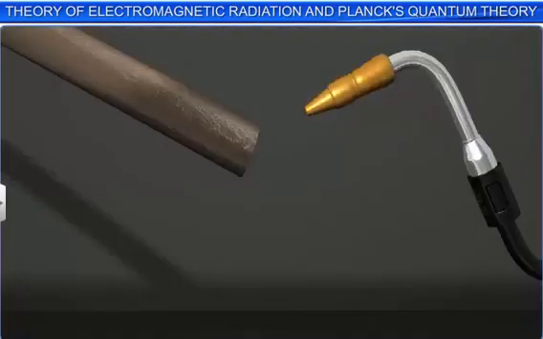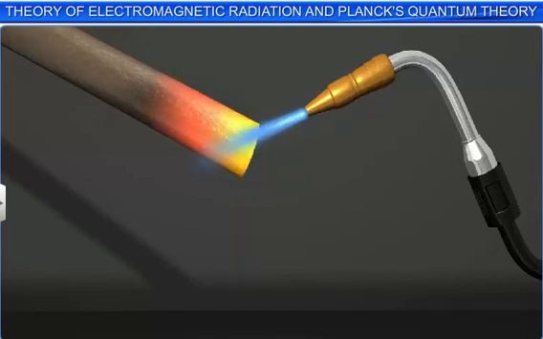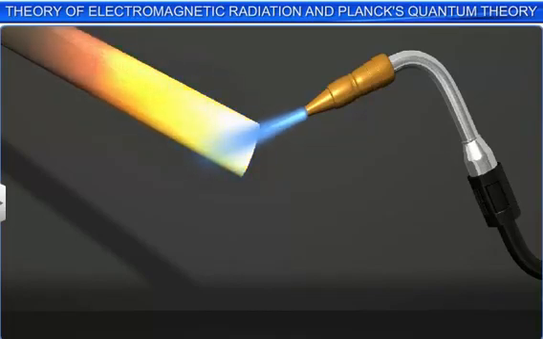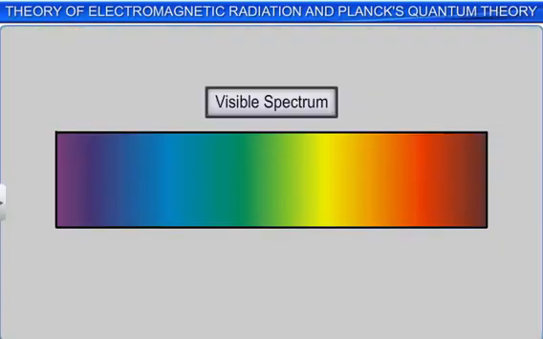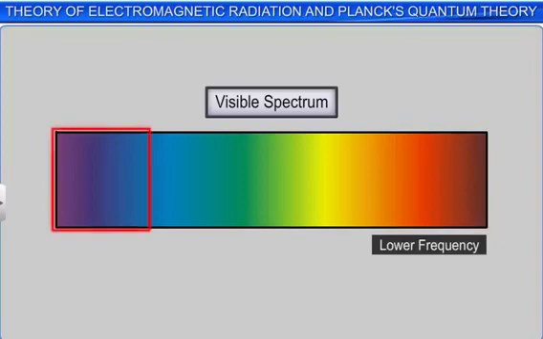For example, when an iron rod is heated, at first it turns red. As the temperature is further increased, it becomes yellow, then white, and finally turns blue. This shows that the radiation is emitted in the order of increasing frequency, red light being of lower frequency and blue light being of higher frequency of the visible region.